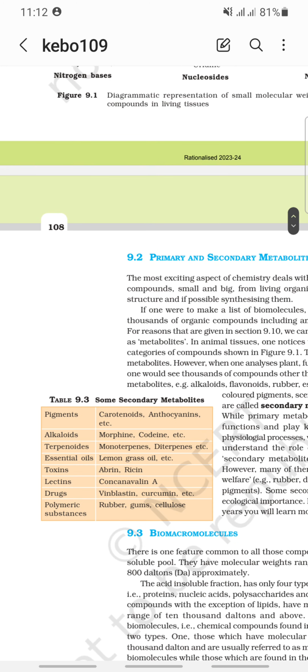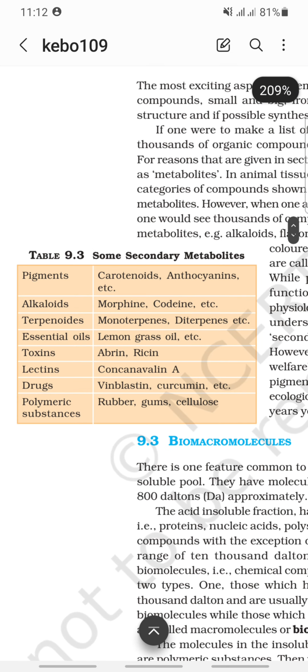Table 9.3 Some secondary metabolites: pigments, carotenoid, anthocyanin; alkaloid, morphine, codeine; terpenoid, monoterpene, diterpene, essential oil, lemongrass oil; toxin, abrin, ricin; lectin, concanavalin A; drugs, vinblastine, curcumin, etc.; polymeric substances, rubber, gum, cellulose.